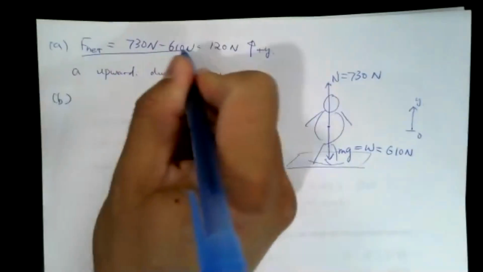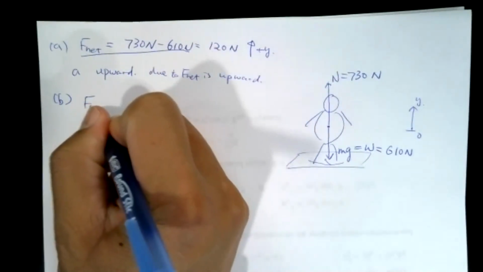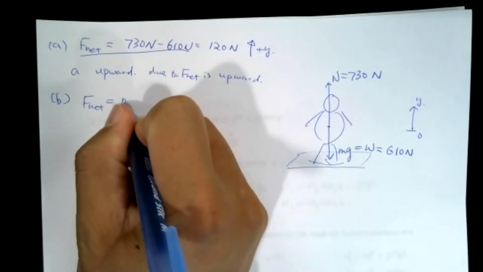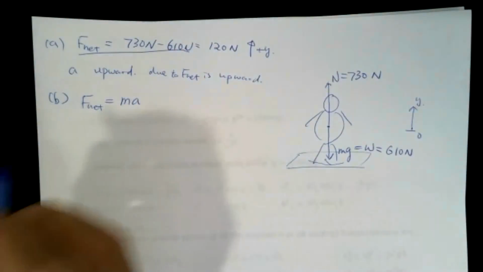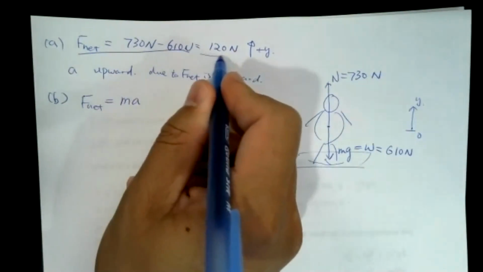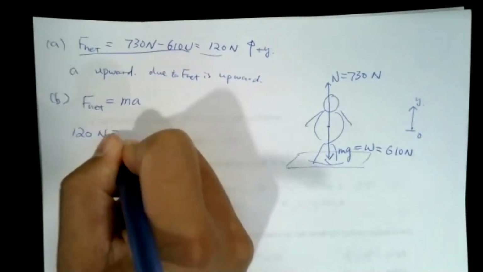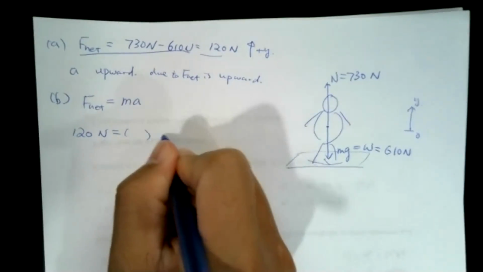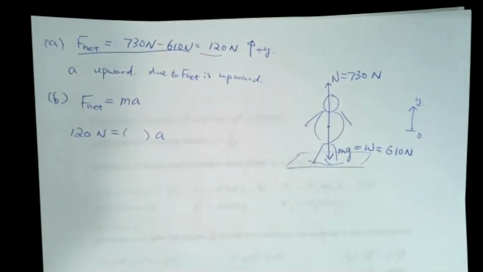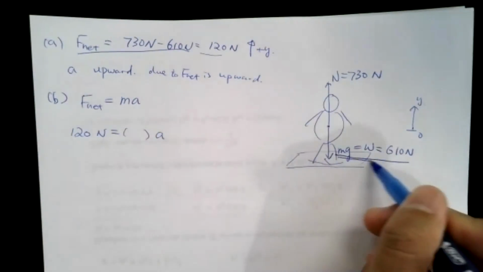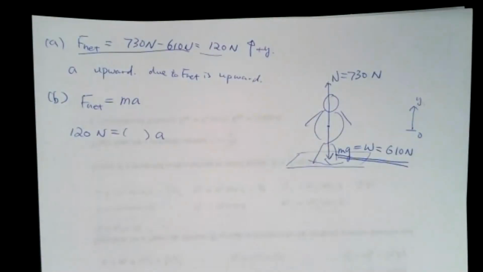All right, so from the free body diagram, you can look at Newton's second law of motion, mass times acceleration. This is 120, so 120 newtons equals mass times acceleration. You're looking for acceleration, right? At this point, we don't know mass, but because it gives you weight, that's equivalent to also giving you mass, right? Because mass times g is your weight. If weight is given, then mass is given, okay?